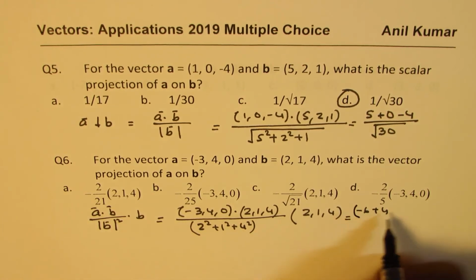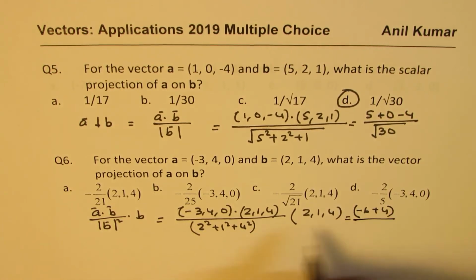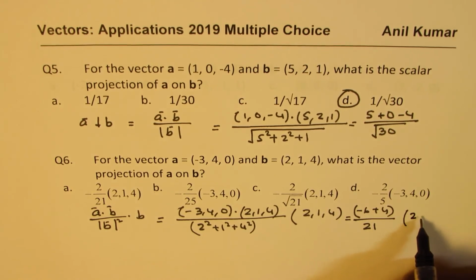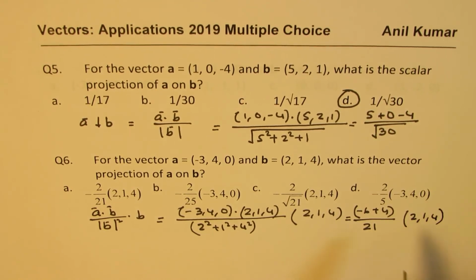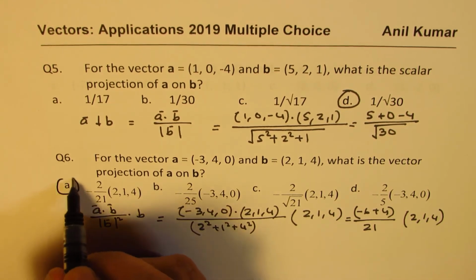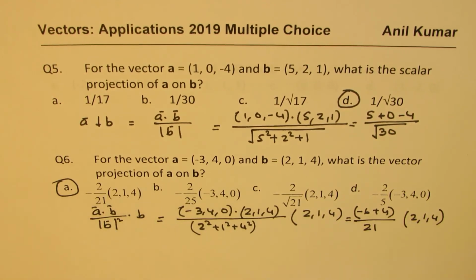So that is over this magnitude, which is 4 plus 1, 5, and 16 is 21. And that is the vector 2, 1, 4. Correct? So we get here, when you take away 6, you get minus 2 over 21 and 2, 1, 4. So we get A as our option. Is that okay?